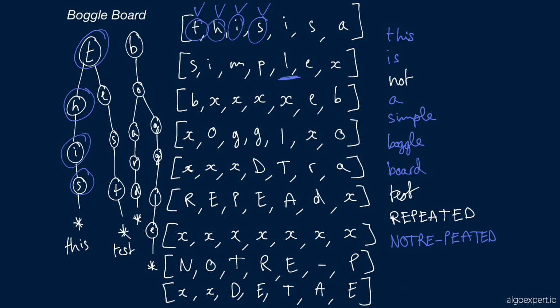The next neighbor is this L. Is this L in our tree level? No, it's not. So we skip it. We keep going clockwise. Is this P here in our tree level? No, it's not. Is this M in our tree level? No, it's not. And by the way, here you'll notice that we're going clockwise, right? Like this.